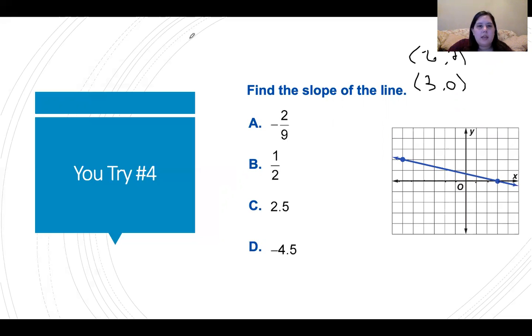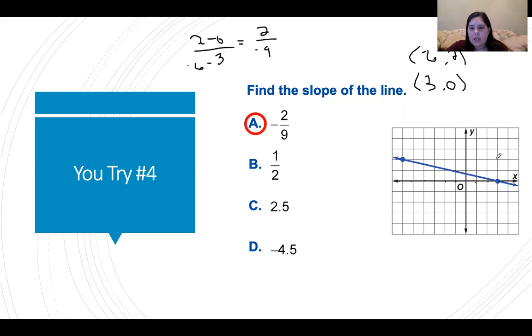So we're going to go ahead and do 2 minus 0 all over -6 minus 3. And that's going to get us 2 over -9. So A.